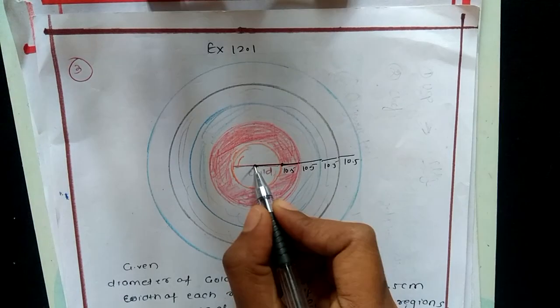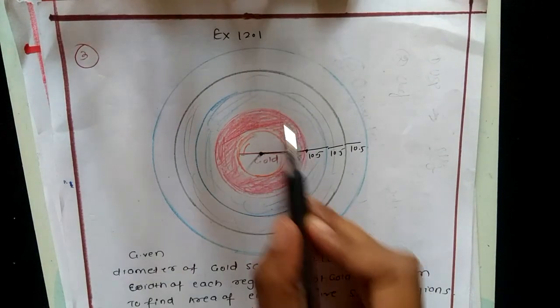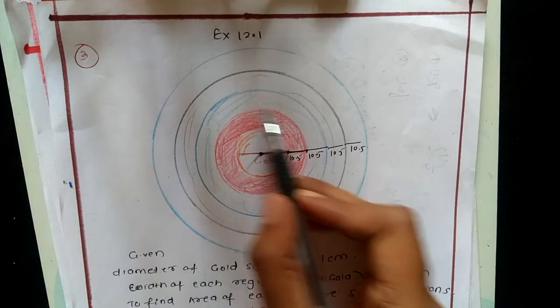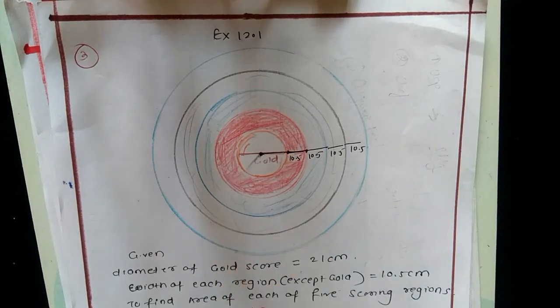Now we got this radius from the center up to here, that is 21 centimeter. Now we'll find out the area of this bigger circle, including the gold and red region.